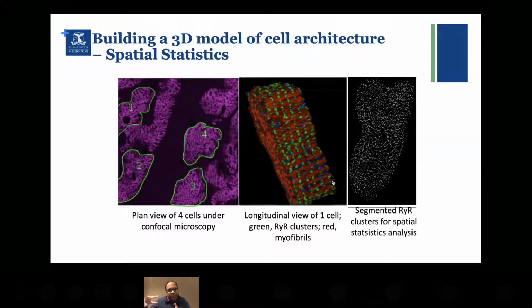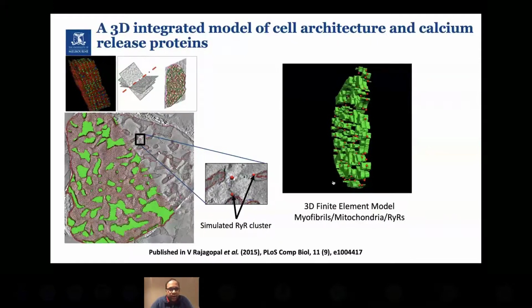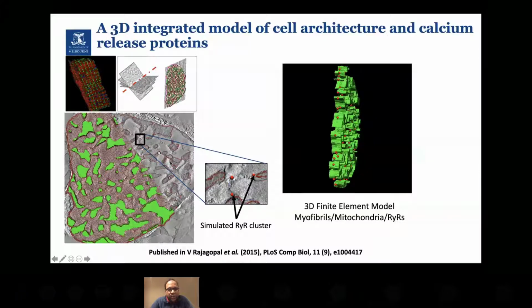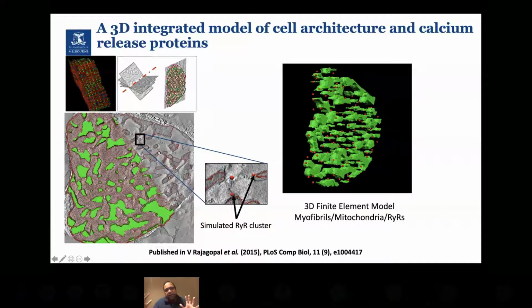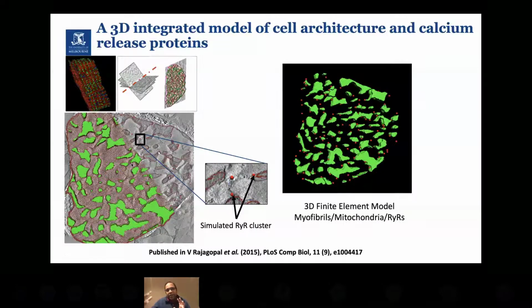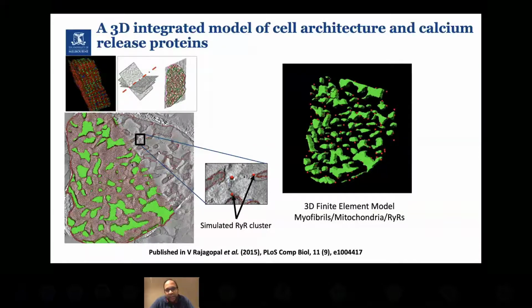We extracted the spatial distribution of ion channels from confocal images, and then we would extract the statistical distribution of those proteins relative to other organelles in the cell, and then, using Monte Carlo simulations, we would simulate the position of those ion channels on electron microscopy data. And so we could develop more integrated 3D models of the cardiomyocyte.